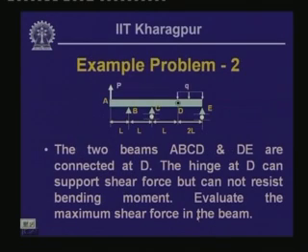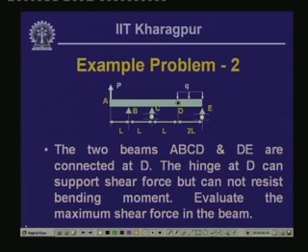Now, let us look into another example, which in fact I had given you last time, wherein in this particular beam we have an articulation introduced, and this beam is of indeterminate type. Here this beam is on a hinge support, this is on a roller support, and this is also on a roller support.